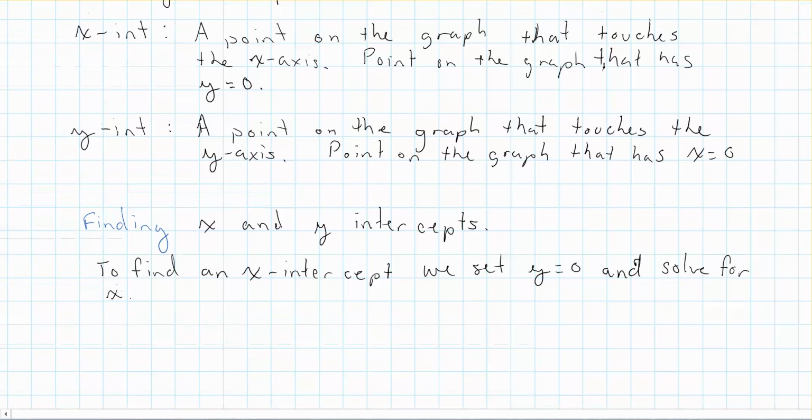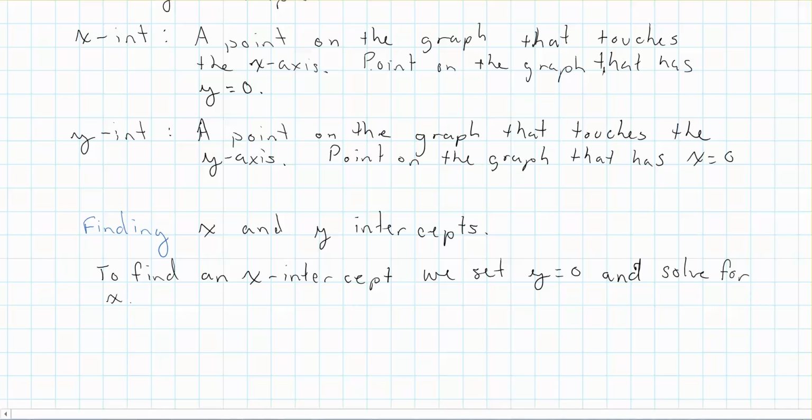And we can just look at the definition on why that would make sense. Part of our definition says it's a point on the graph that has y equals 0. So if we know y equals 0, let's set it equal to 0 and then solve for x, because those are going to be the values where y is 0.